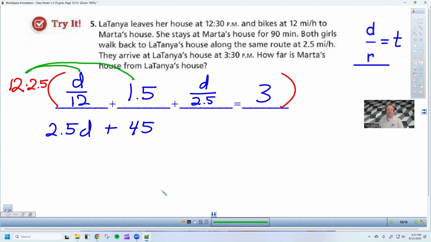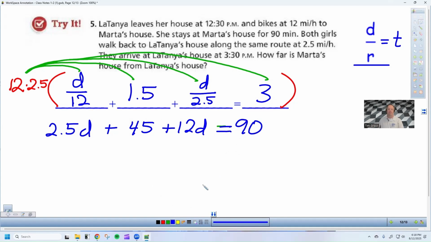And finally, if I multiply 12 times 2.5 times this fraction D over 2.5, the 2.5s will cancel out, and I'll be left with 12 times the D. Well, that takes care of that side of the equation, but I'm multiplying both sides of this equation by 12 times 2.5, and 12 times 2.5 times 3 comes out to 90.